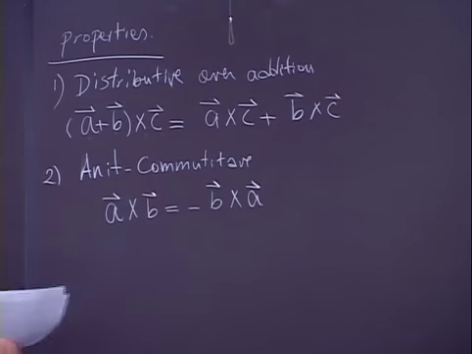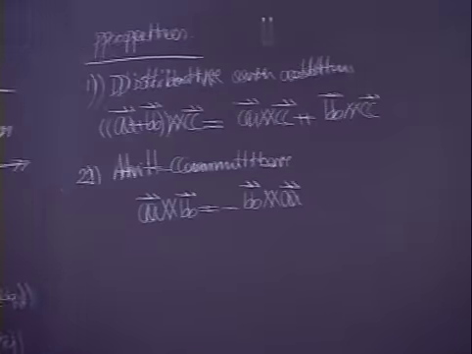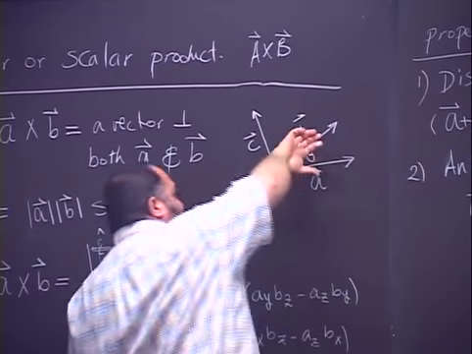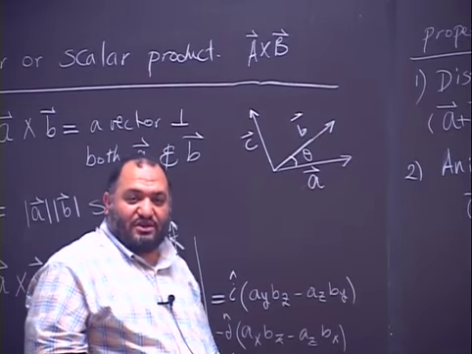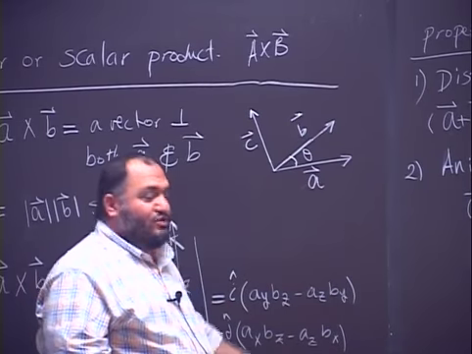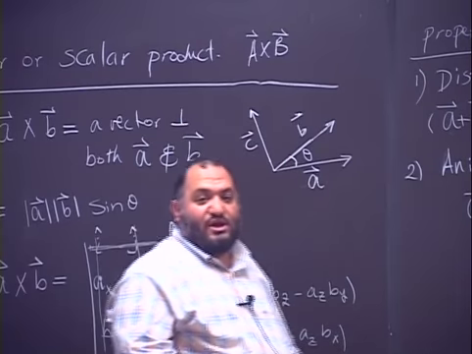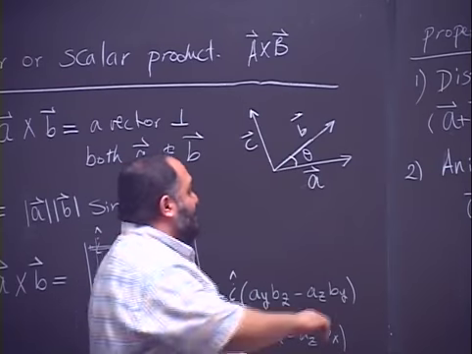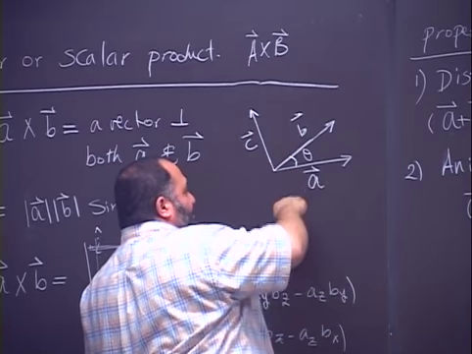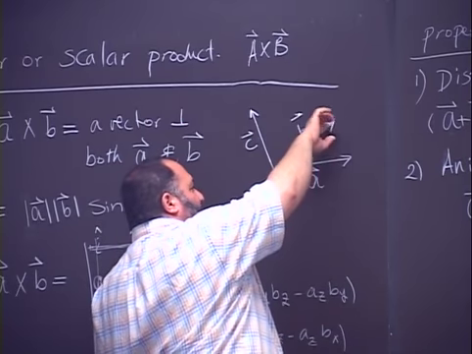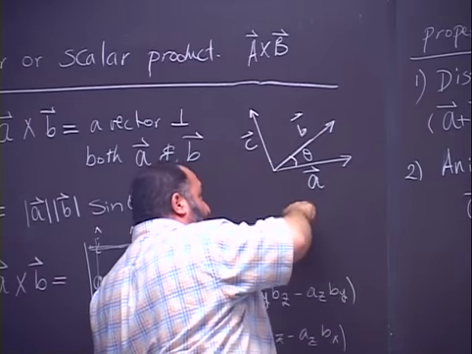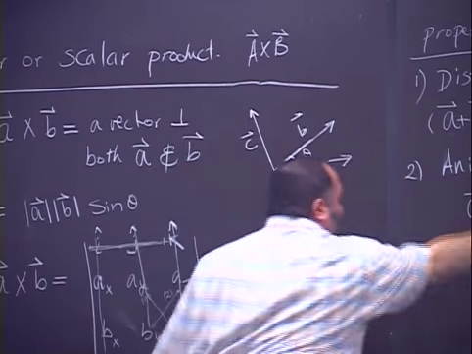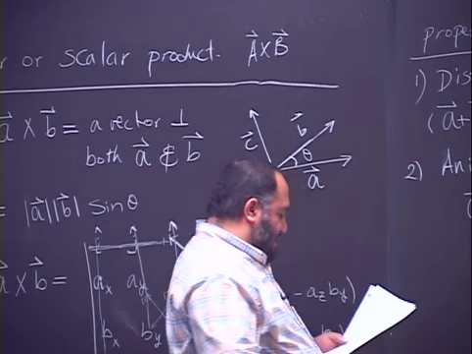But here, A cross B will give you this direction, yes? But when you do the reverse, B cross A will be in the negative direction. So in order to make them equal to each other, you have to flip the sign so that you revert this in the other direction. Or if you multiply B with A, the multiplication will be in this direction, and in order to give it in the other direction, you have to multiply by a negative sign. So this is anti-commutative.